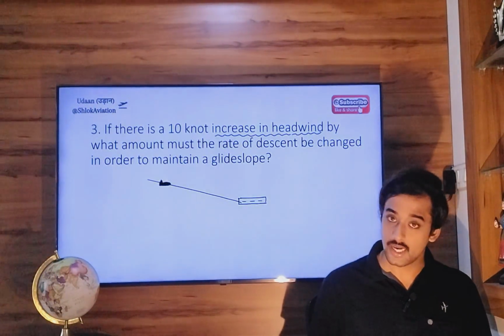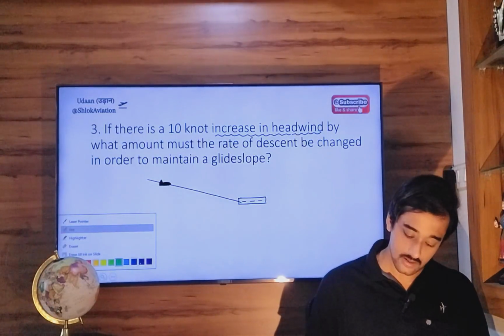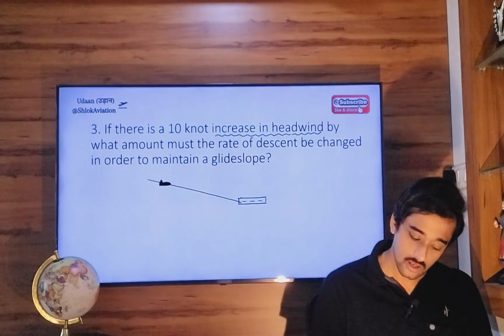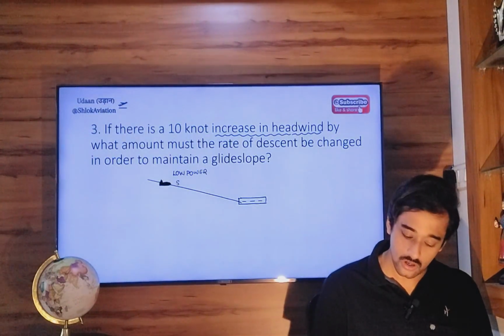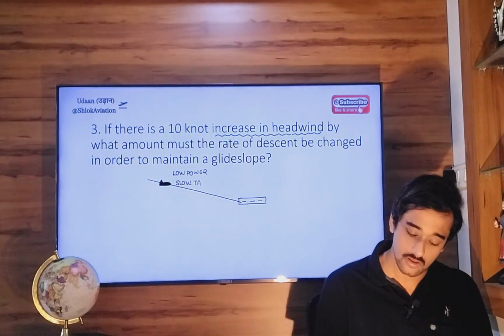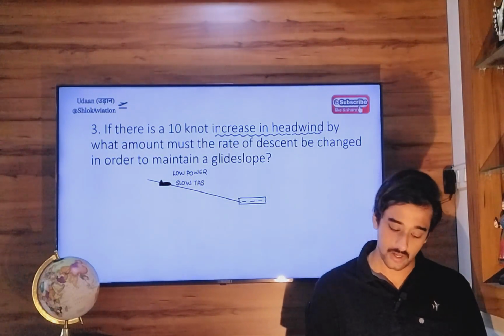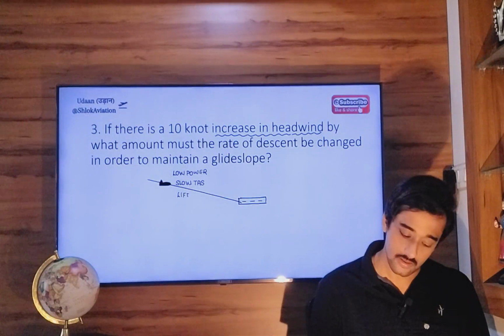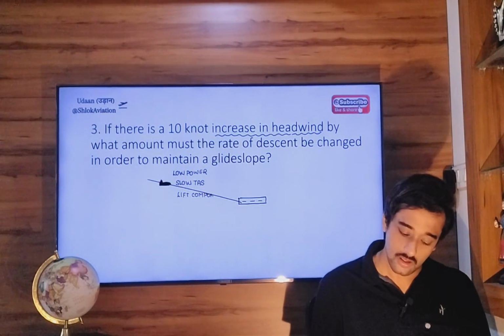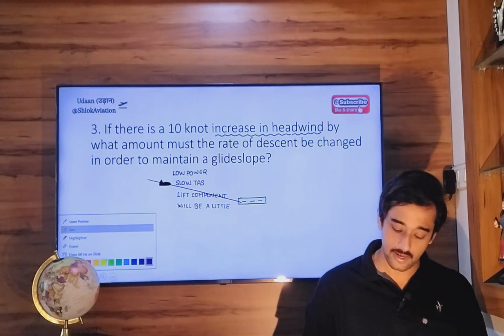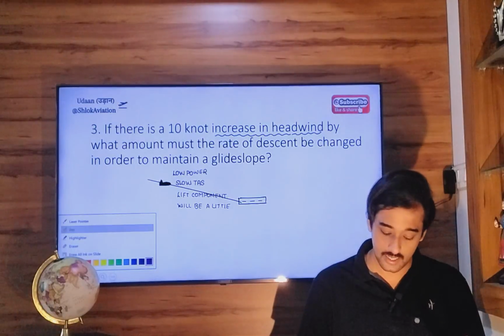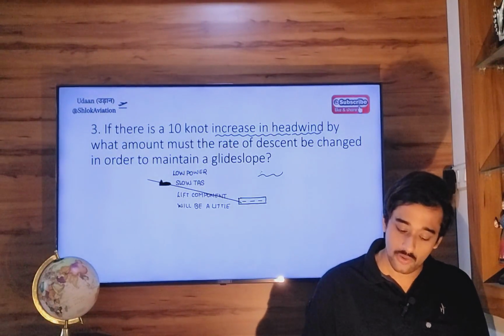Now, in this phase of flight, your aircraft will be at low power and slow true airspeed, so the lift component will be little. Now in this scenario, if you are faced with an increase in headwind component, what will happen?